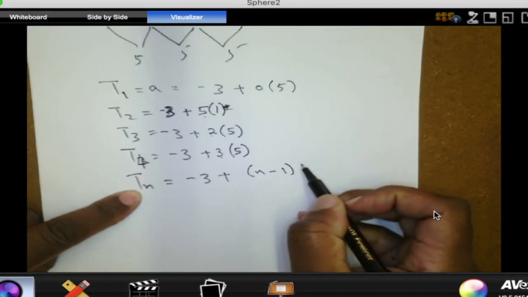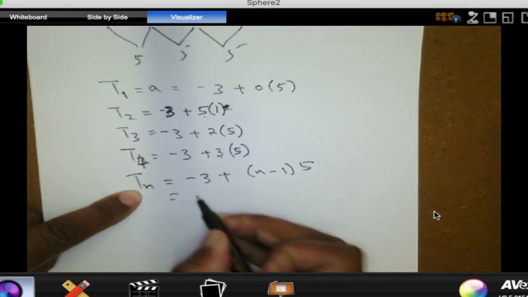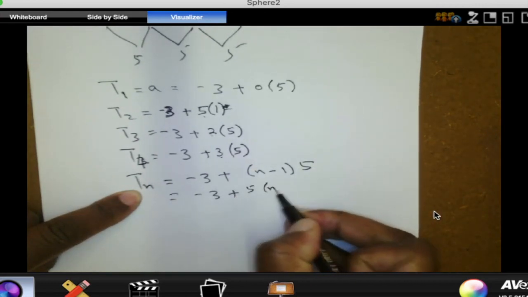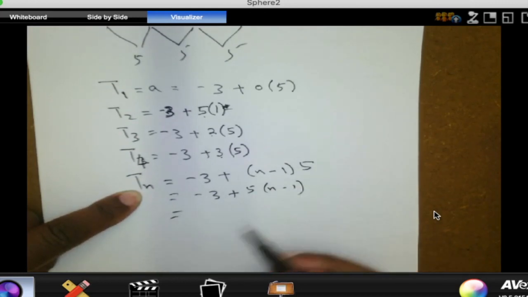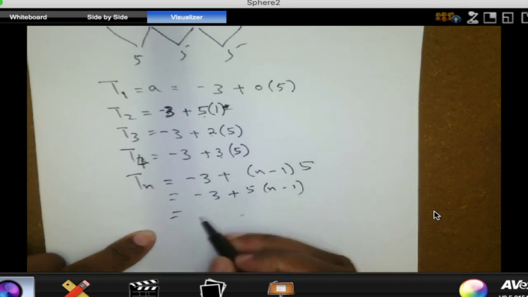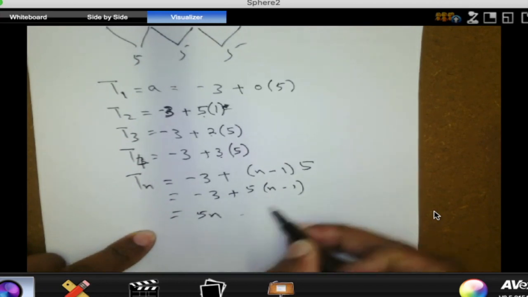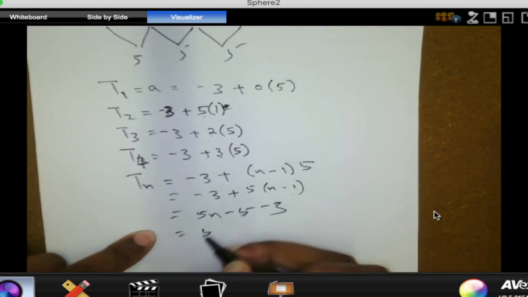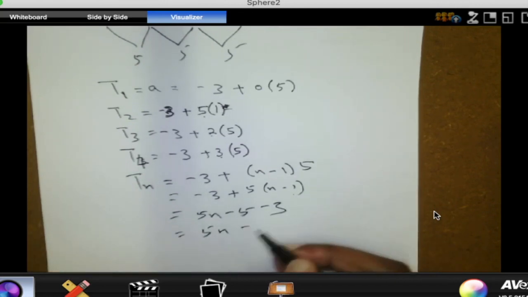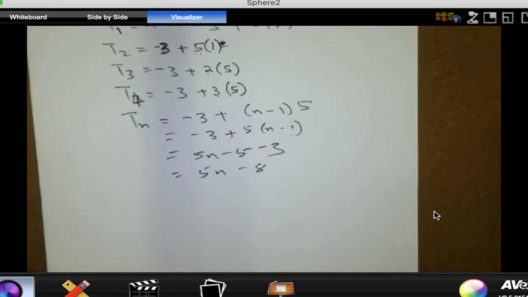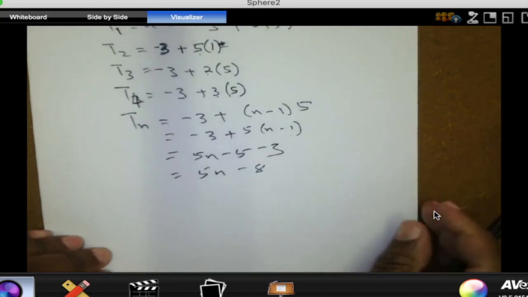N minus 1 5s, which you can rearrange, obviously, and write as minus 3 plus 5 into n minus 1. If you simplify that, I'll simplify and rearrange. I'll get 5n. If I remove those brackets, I'll get 5n there, minus 5 minus 3, which will give us 5n, subtract 8. Right. So I want us to generalize now.